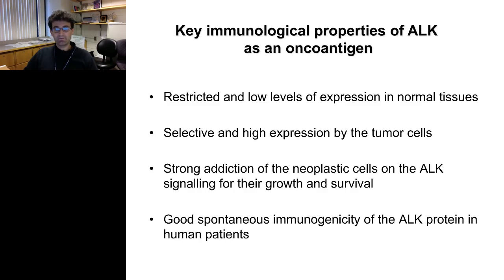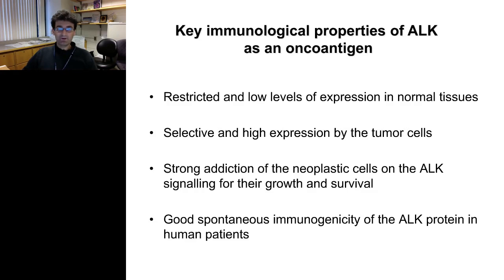First of all, as I already mentioned, in normal tissue the expression of wild-type ALK is very low and is typically restricted to some neurons in the brain or some motor neurons. So there is very limited, if any, expression in the vast majority of normal tissues.